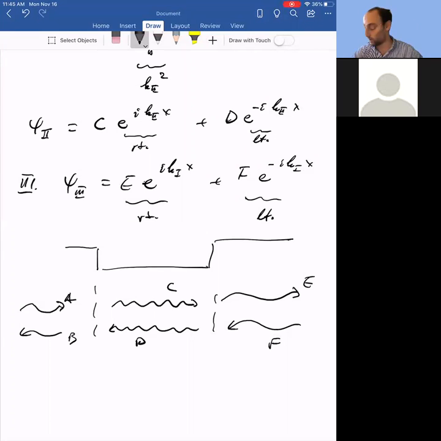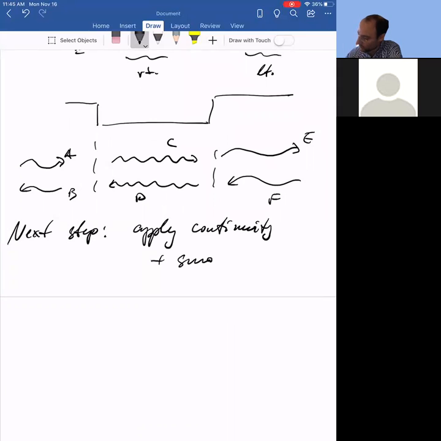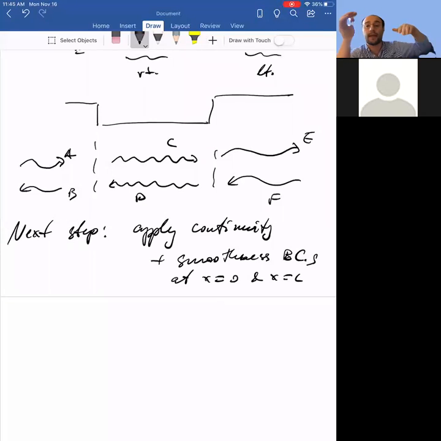What's the next step that we do? The next step is to apply continuity plus smoothness boundary conditions at x equals 0 and x equals L. We also have a normalization condition, so that imposes some kind of condition at x equals minus infinity and plus infinity.